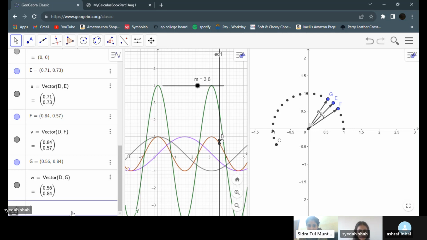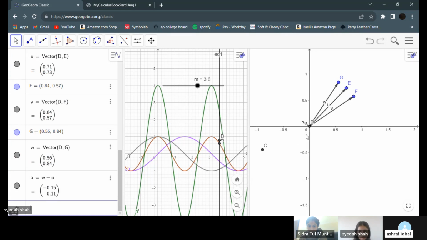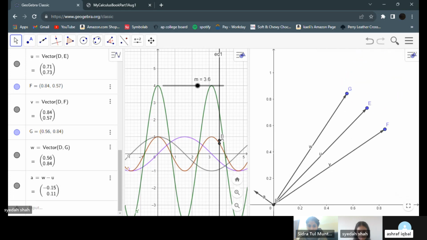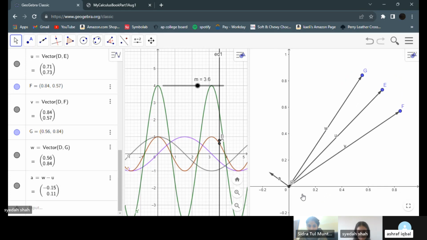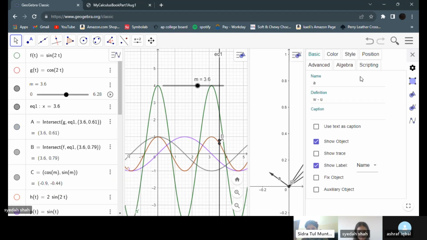Like there is v, u, and w. So you can take the difference of u minus v. Please zoom the third window and shift it down. Okay, so it is w minus u.